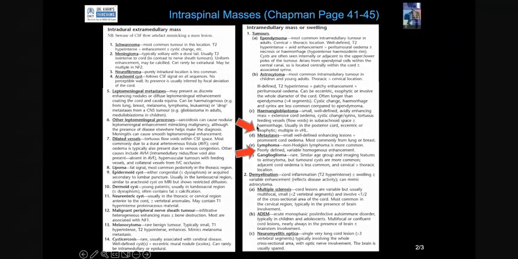And the first differential can be metastasis, but please remember that in our case there was diffuse thickening of the nerve roots. These were not meninges, these were the nerve roots which were thickened. I'll show you. Of course, lymphoma will be in the differential diagnosis.